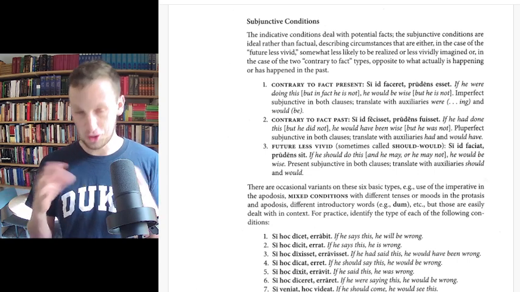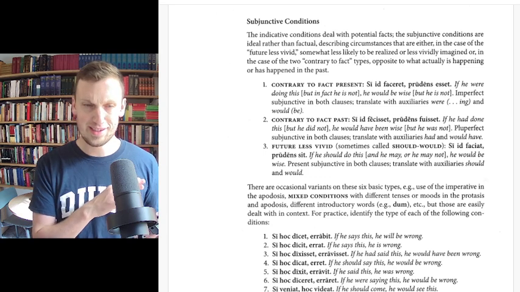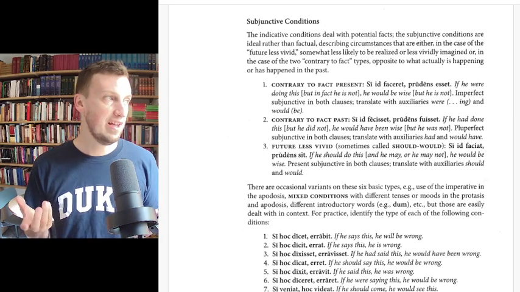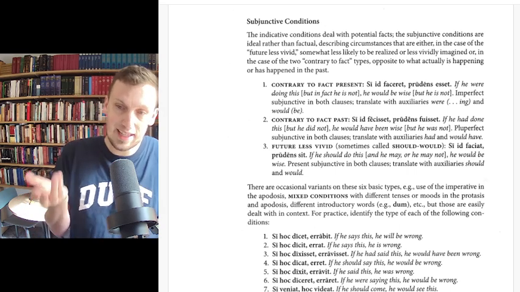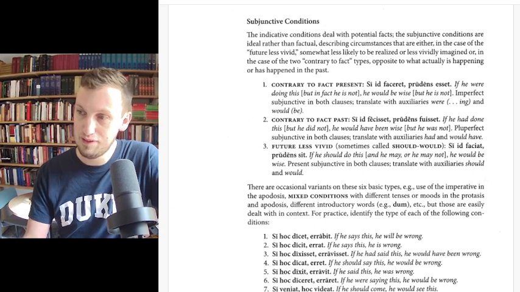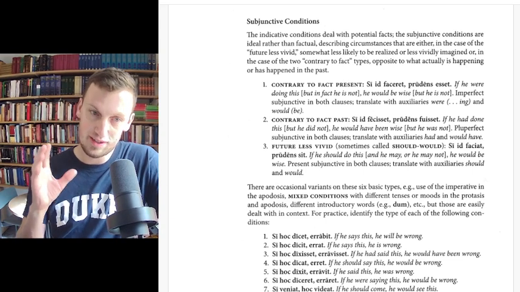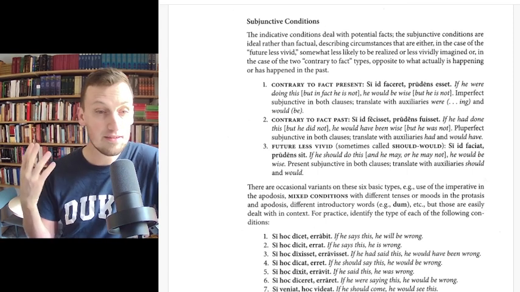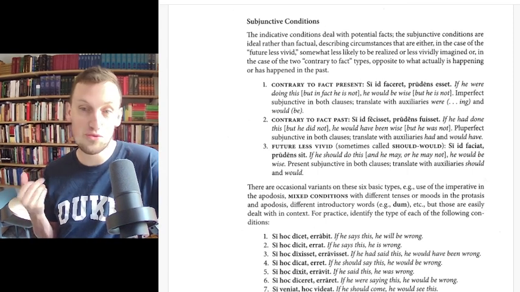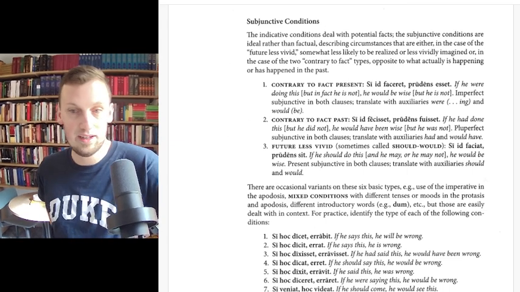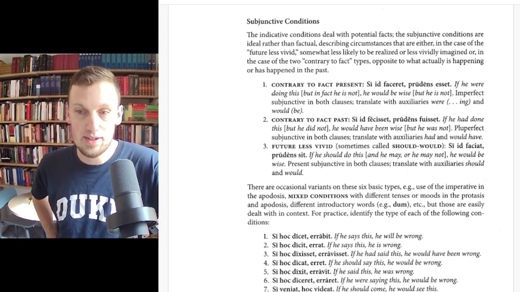So this is a correlate to that other way of describing things that is not used in this very textbook. It's kind of strange. But a future less vivid is more or less the same thing as the future simple fact, but slightly less vivid, slightly less real, more uncertainty.